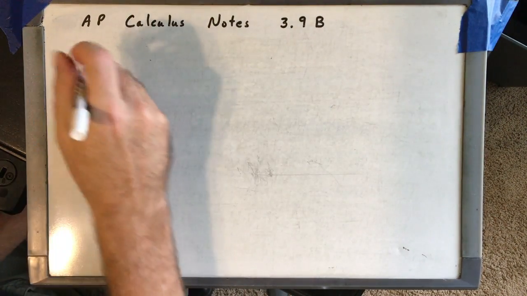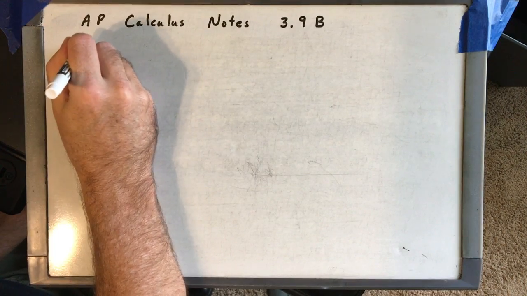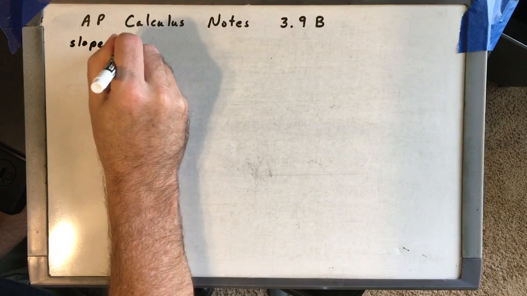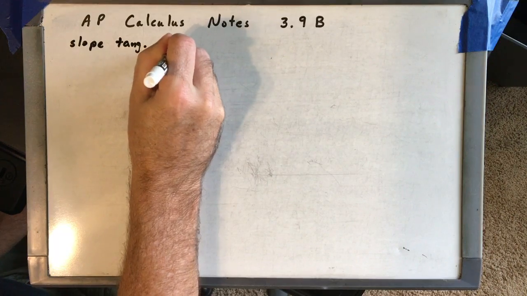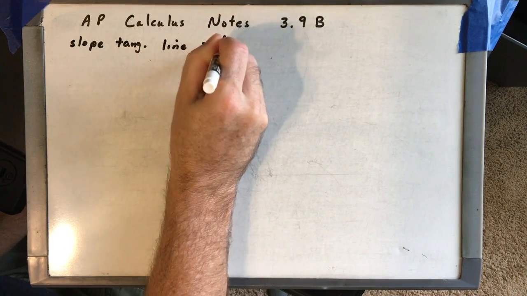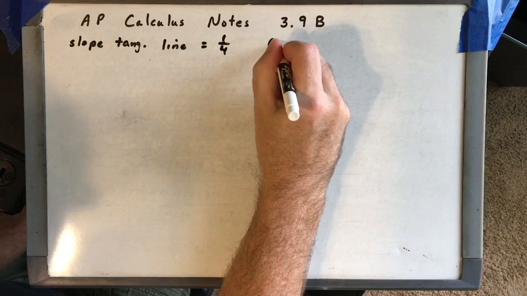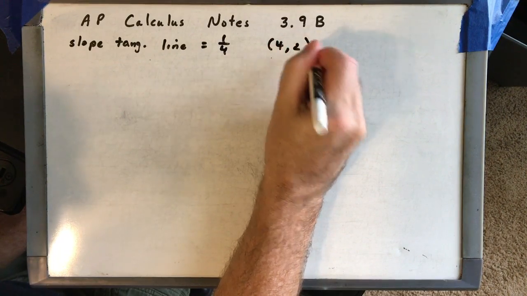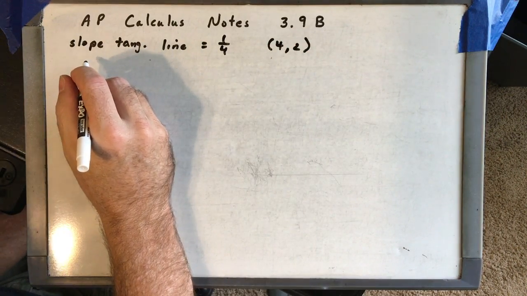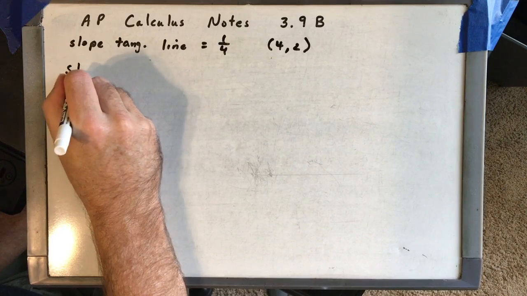Okay, so we've got the slope of the tangent line, and we have a point (4, 2). So step 4 is get the tangent line equation.